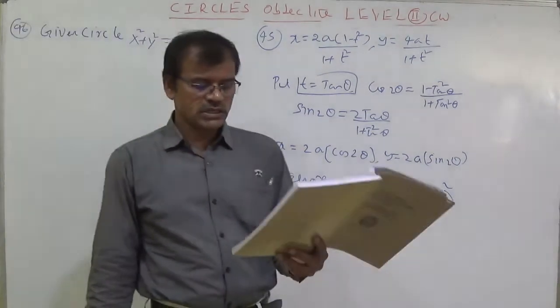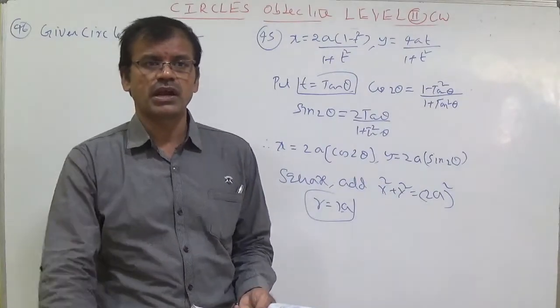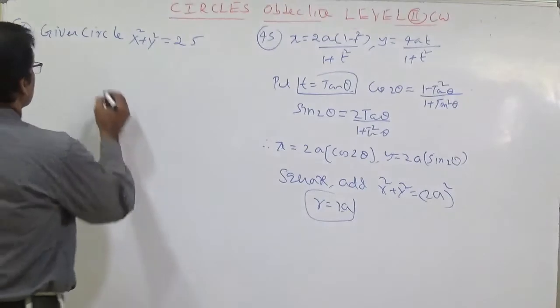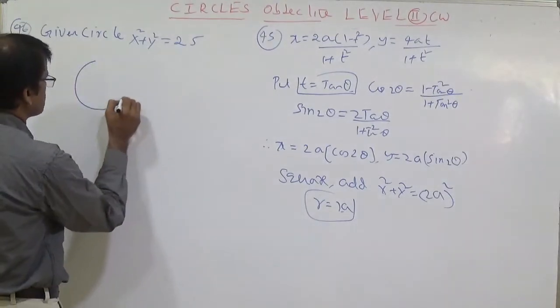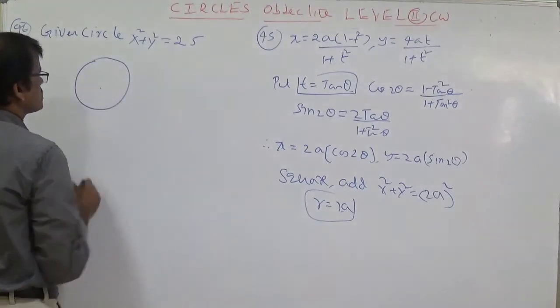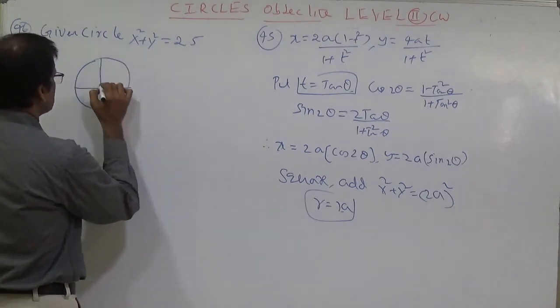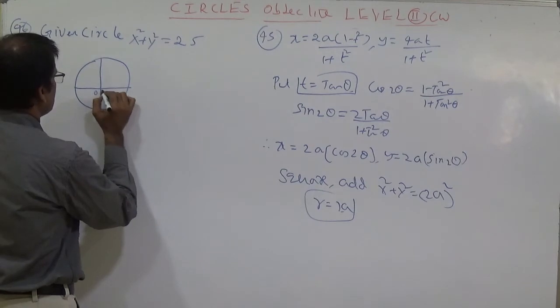It is a circle with center (0, 0) and radius 5.